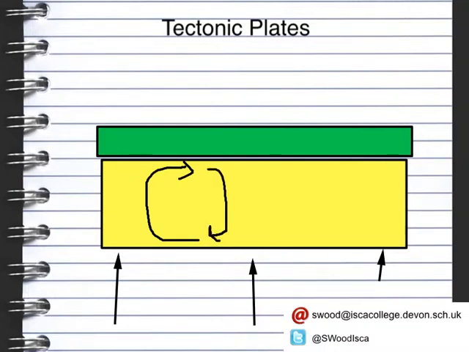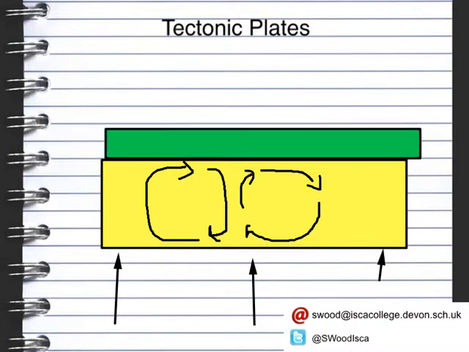So we get currents that move around like this. If we've got currents that carry on moving around here, what will happen is this plate here has the ability to move along here, and this is how we can get various different formations on the Earth.